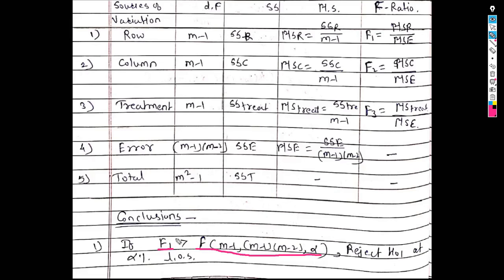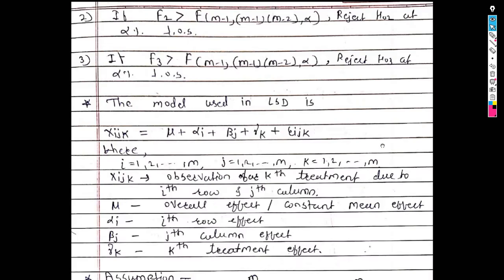If our F1 ratio is greater than this F critical value, then we reject our H01 at the given alpha percent level of significance. That is, if our calculated value is greater than the critical value, then we reject H0 at the given alpha percent level of significance.